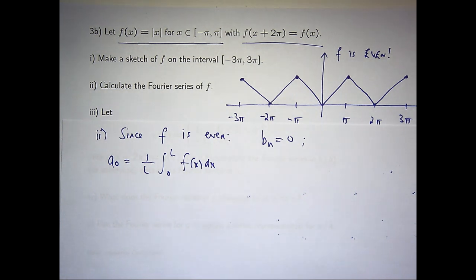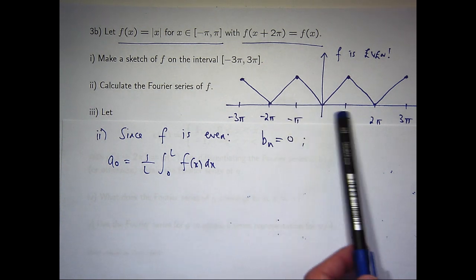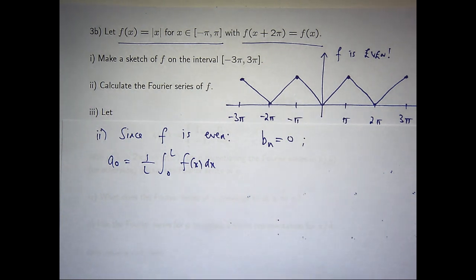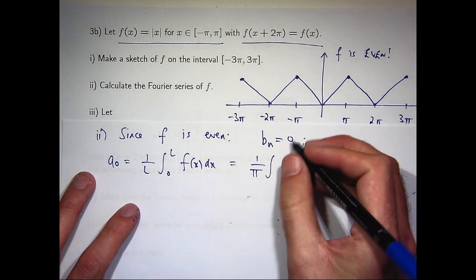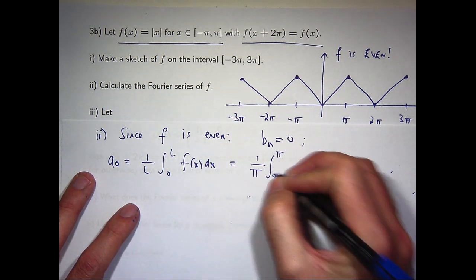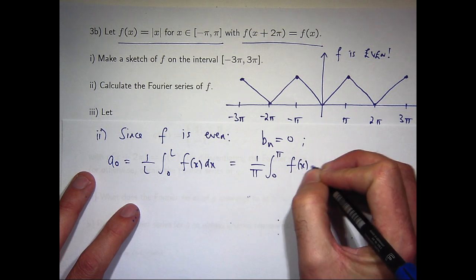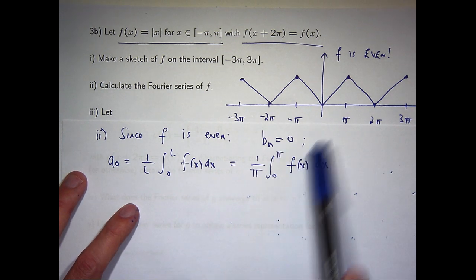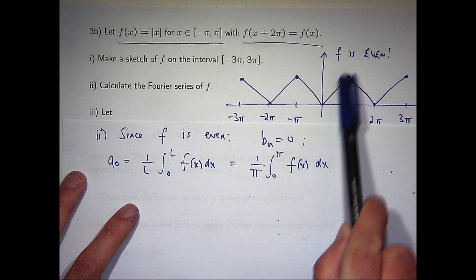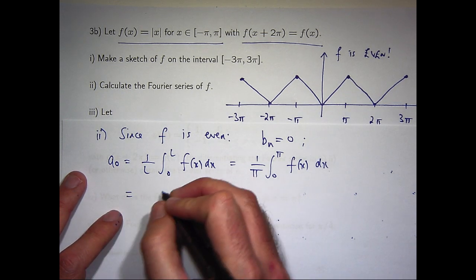Remember here the big L is half the period. In our particular example, the period is 2 pi, so big L in this case would just be pi. On this interval, 0 to pi, f of x is just the x function.